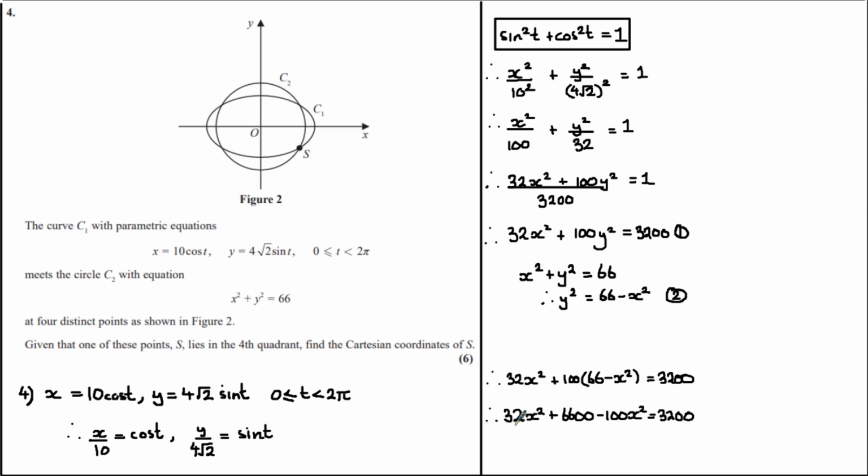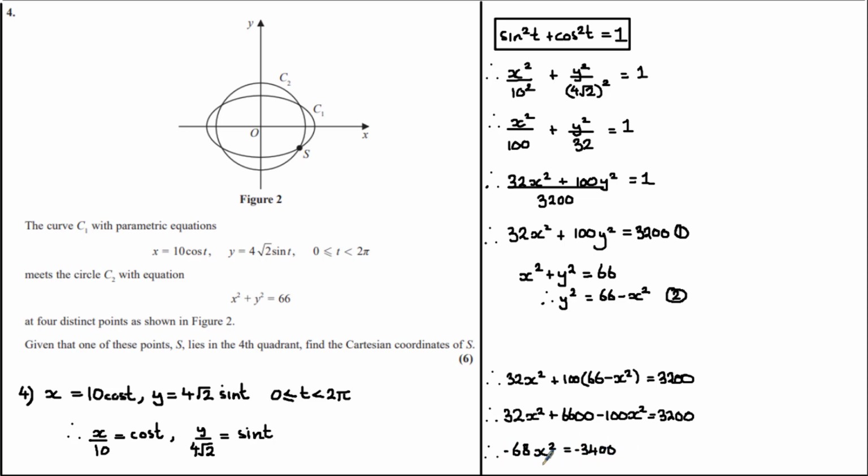Multiplying out the brackets, we get that 32x squared plus 6600 minus 100x squared is equal to 3200. And collecting like terms on the left hand side and subtracting 6600 from both sides of the equation, we're going to get negative 68x squared is equal to negative 3400.